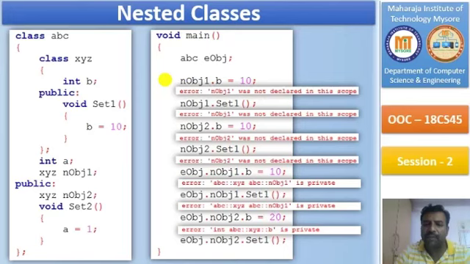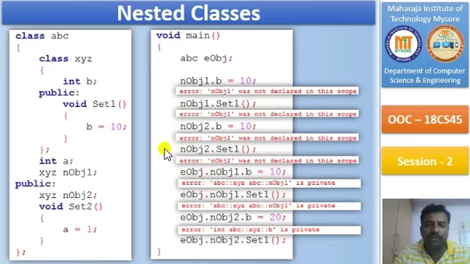The same error will be suffered by even this statement. Whether it's a private member or a public member, I'm going to have the same error. And even the same error with NOBJ2. So though NOBJ2 is a public member, still I'm not supposed to do this, because though NOBJ2 is a public member, it is still in the scope of the enclosing class ABC.